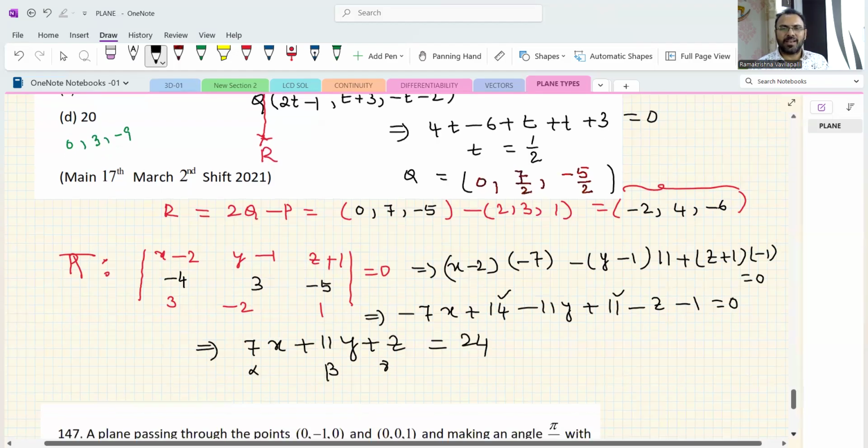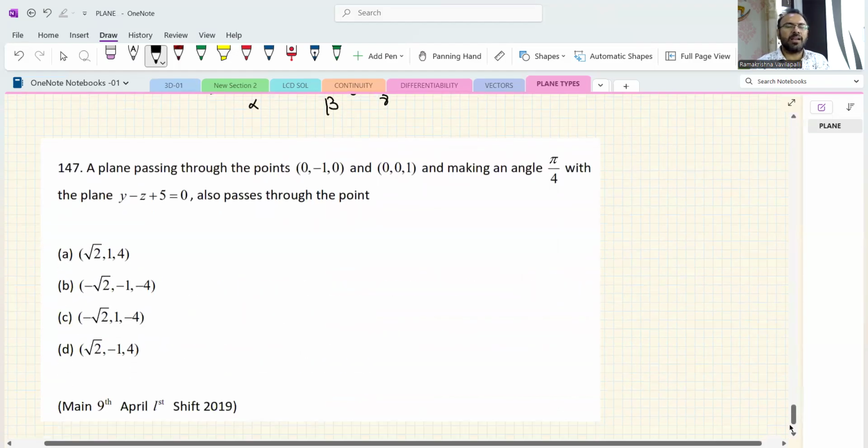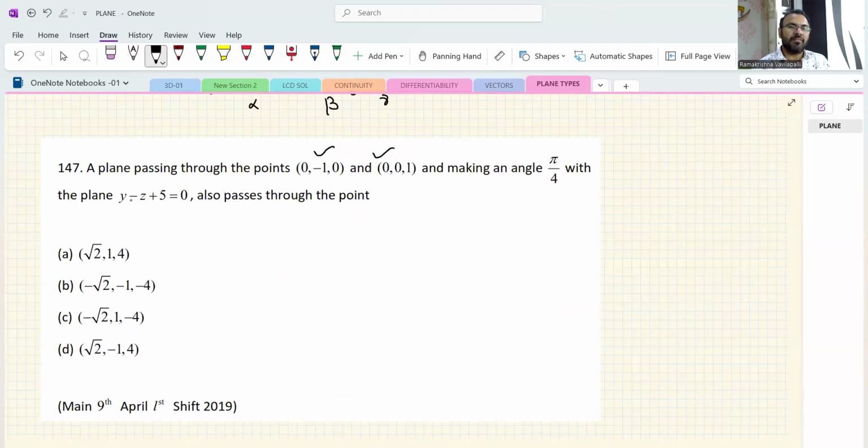Right. Now one more last question: a plane passing through 2 points and making an angle pi by 4 with y minus z plus 5 equal to 0. Well, so this I will do now.